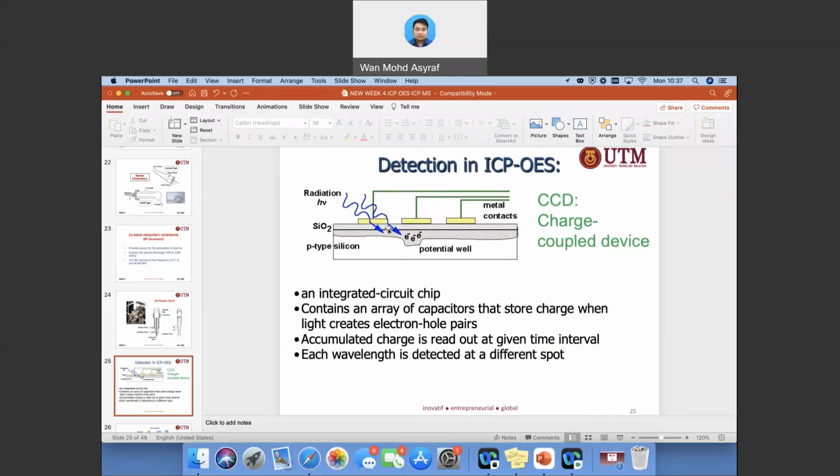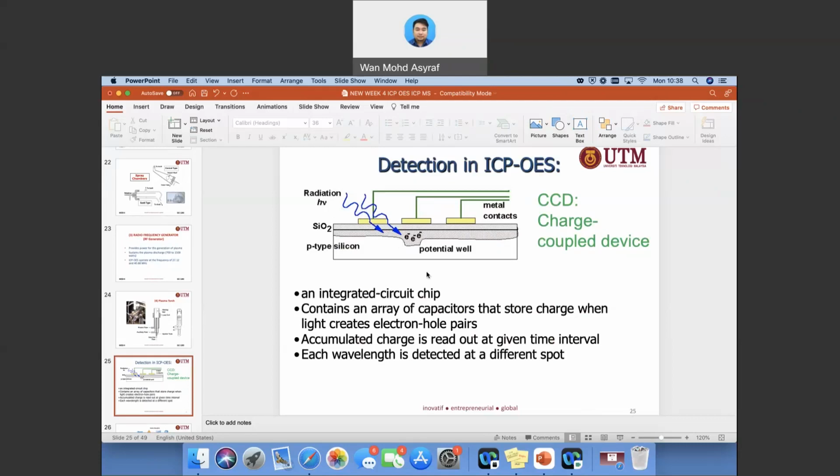be detected by this integrated circuit chip, which contains an array of capacitors that store the charge when the light creates electron hole pairs. The accumulated charge is read out at a given interval later on. Each wavelength is detected at a different spot.